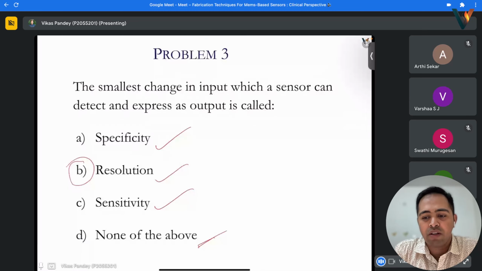Okay, in which department? Okay, great. Arti Sekar. Let me see. Yeah, what is your present educational level?